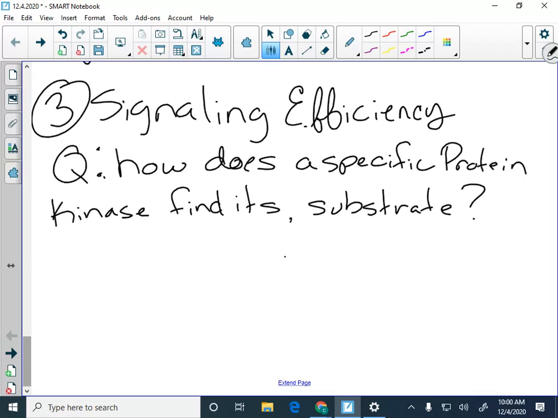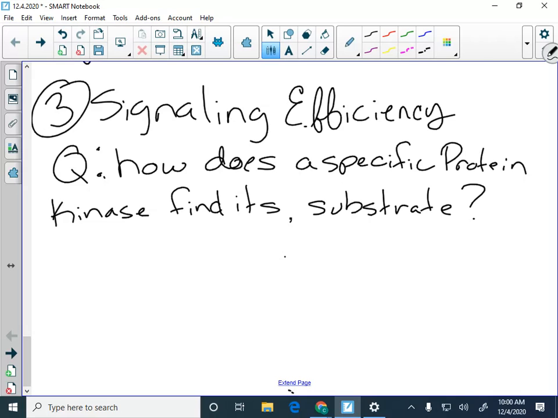It hits a receptor. The receptor activates protein kinase 1. How on earth does protein kinase 1 find protein kinase 2? We only have a given concentration of them. It's not like they've got like GPS locators, and the cell to a signaling molecule is actually pretty big. So, how does one protein kinase find its substrate?